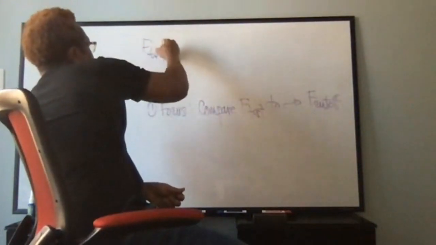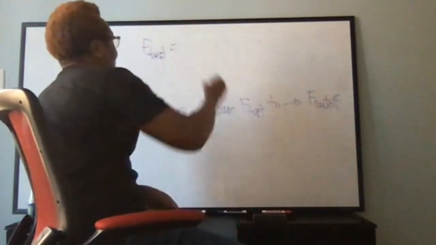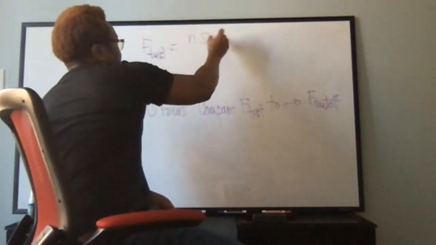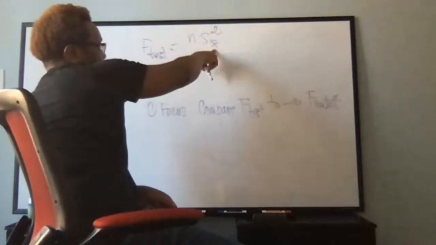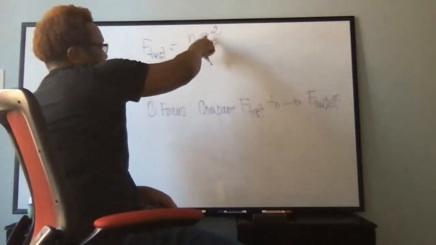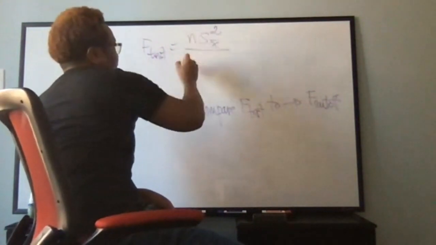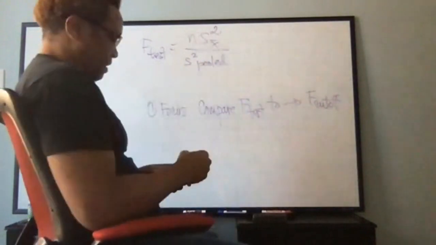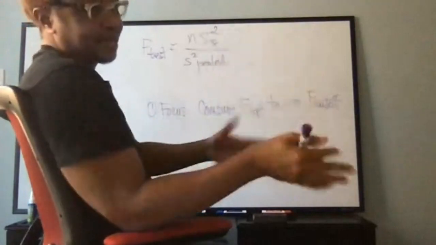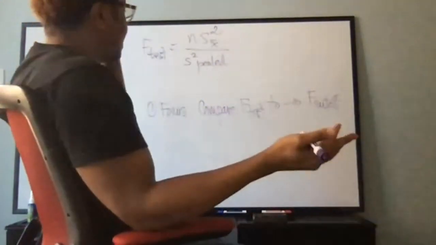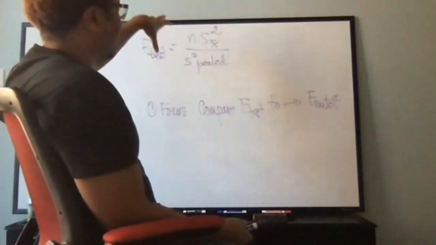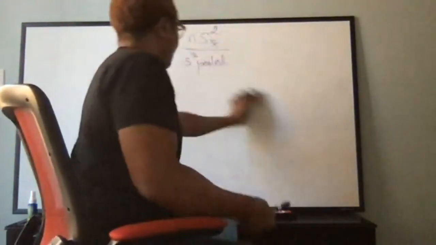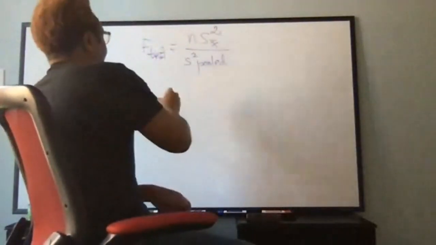In order to find the F test statistic, it equals N times S sub X bar squared over S squared pooled. In fact, if you have your notes, just flip back to the beginning of the semester, and you'll see, if I give you a set of data, you're going to have to know how to calculate this particular value or parts of this particular value, all right?